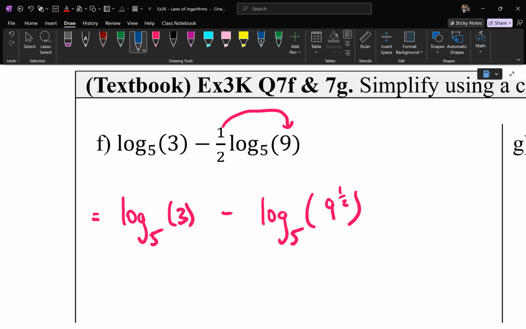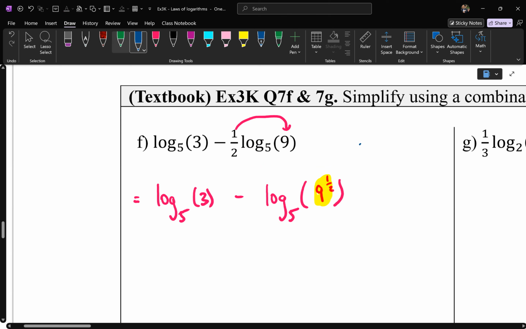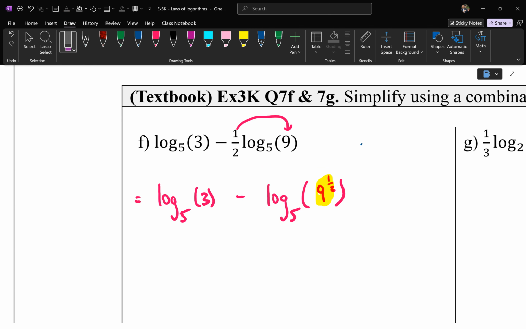9 squared. Yes, it does become 3. I think you meant square root. Is that right? Yes. So remember from what we learnt in exponent law number 8. Remember that I said that most students forget law number 8. A to the power of m, that's the nth root, is equal to a to the power of m on n.